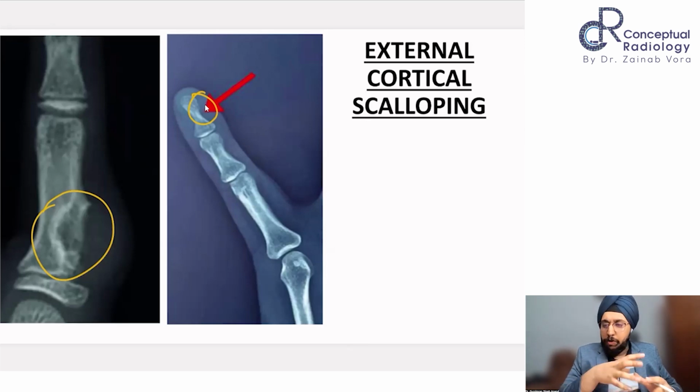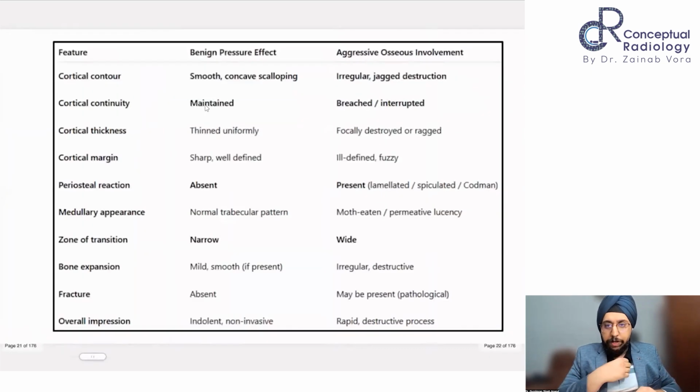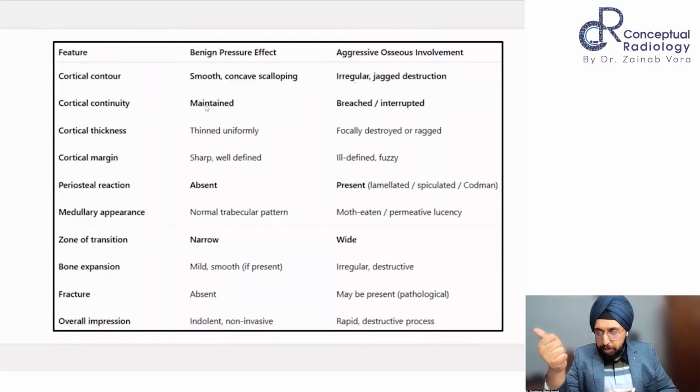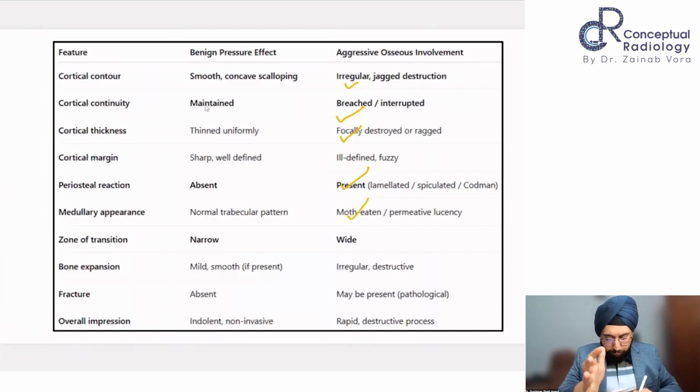So depending on what kind of soft tissue abnormality is there, if it's an aggressive abnormality, you will find features such as irregular jagged destruction. You can even have breach of the cortex. Cortical thickness will be focally destroyed maximally. You will have presence of some periosteal reaction depending on whether it's a benign or an aggressive abnormality. You can even have intramedullary involvement as well. So it will be a rapid destructive process.